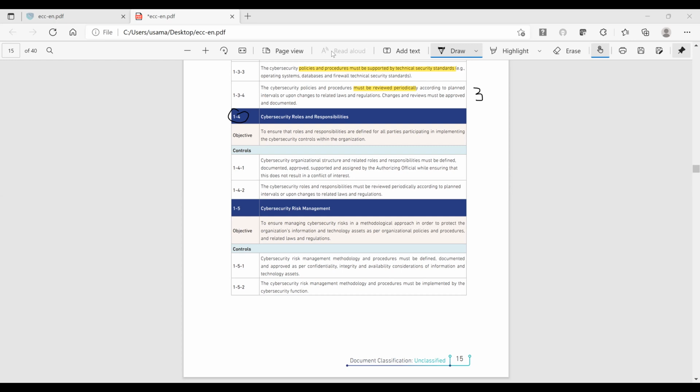Okay, my question. What are the roles which can be related to the security field?